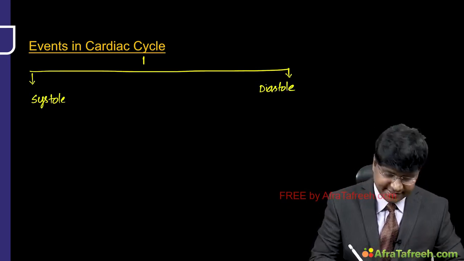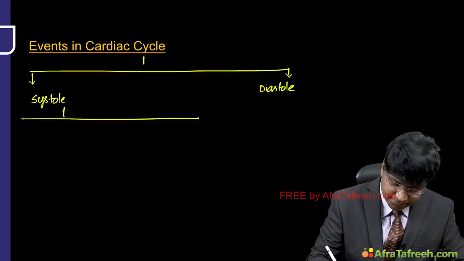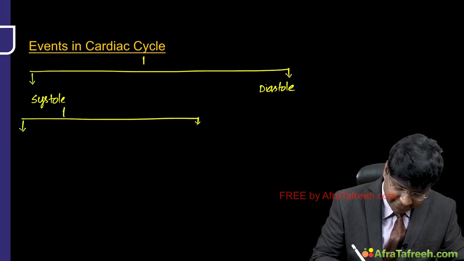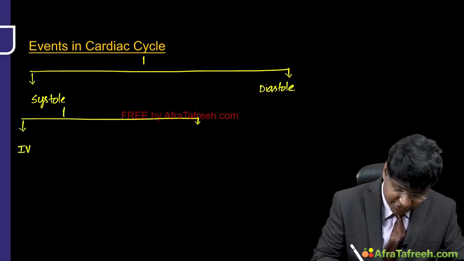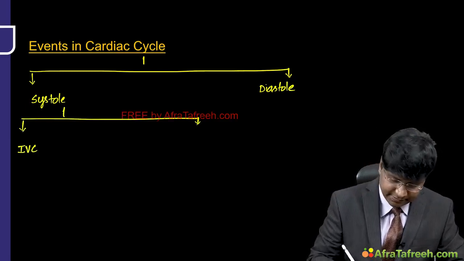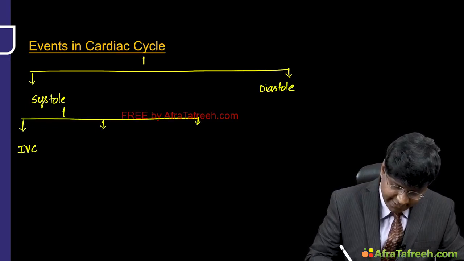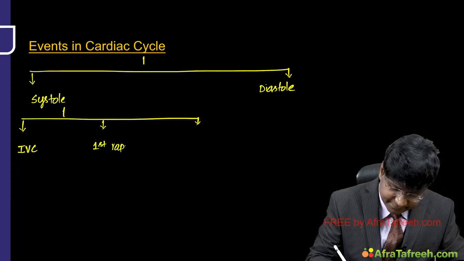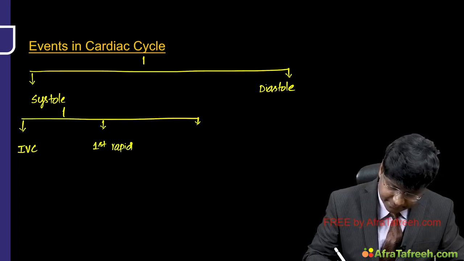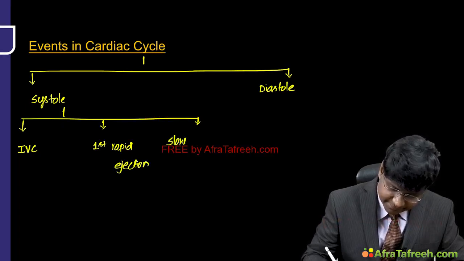In systole, we have the isovolumetric contraction phase, then the first rapid ejection, followed by the slow ejection.